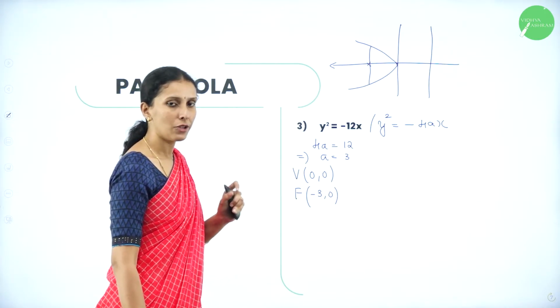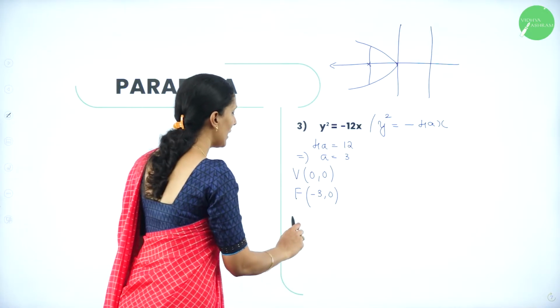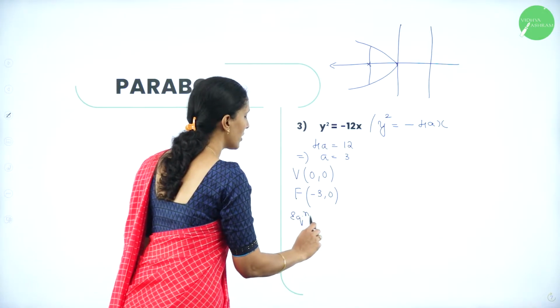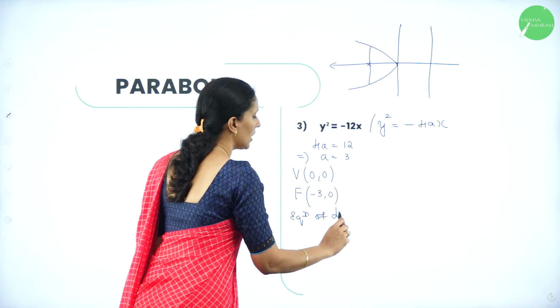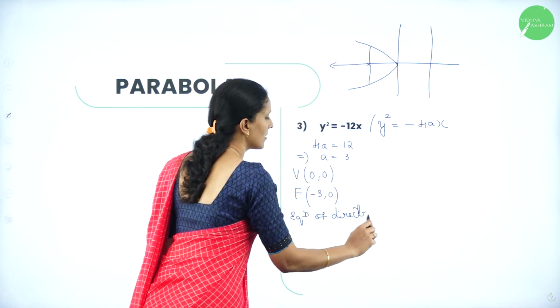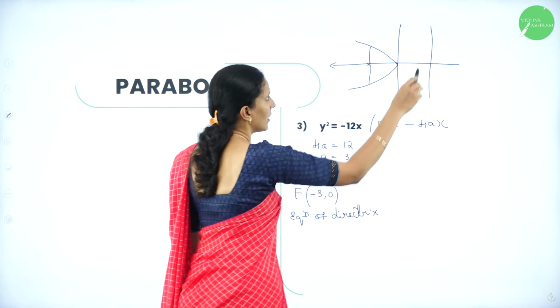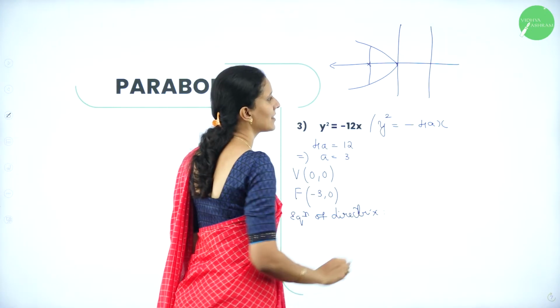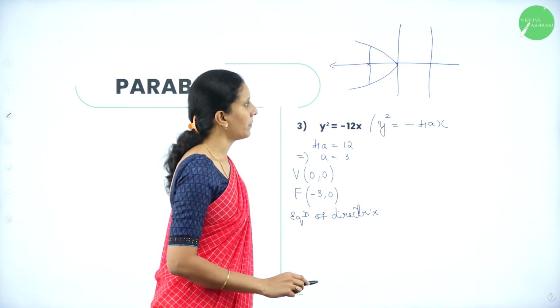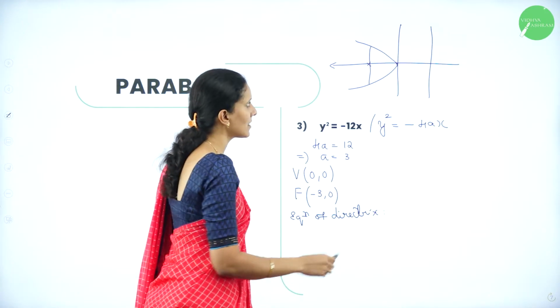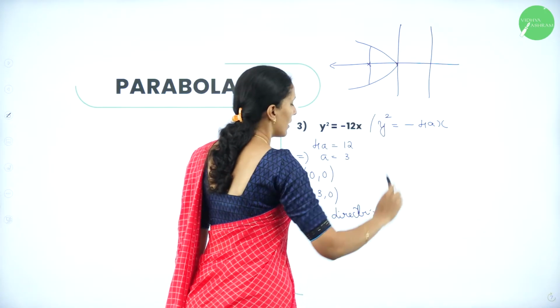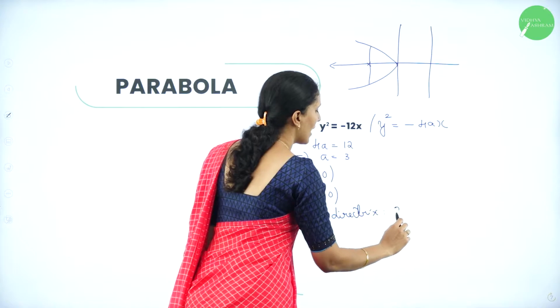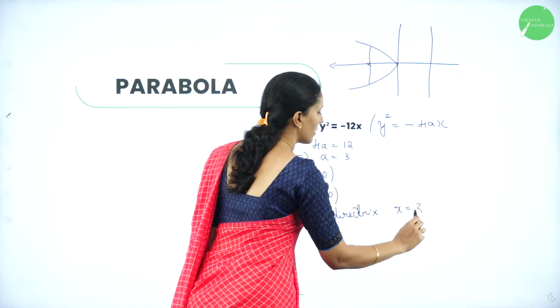So therefore the value must be minus 3. Next, equation of directrix. Equation of directrix is, here it lies on the right side of the y-axis, that means on the positive side of the x-axis. So the equation is x is equal to 3.